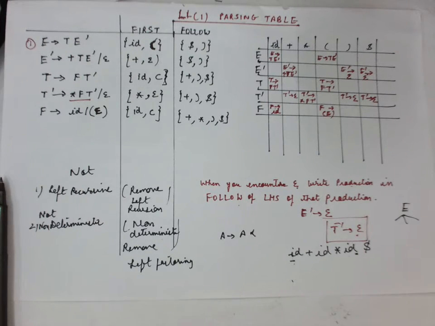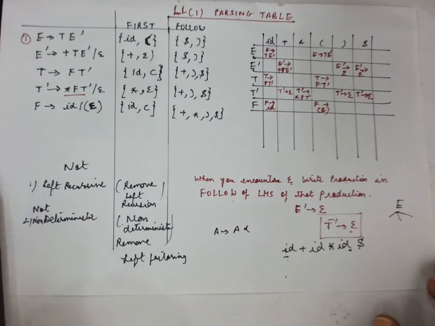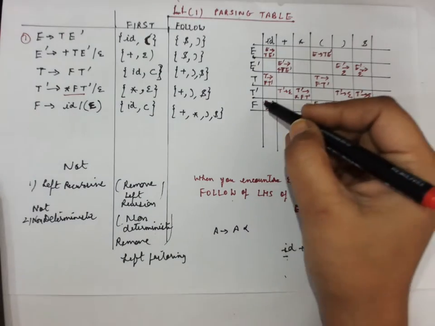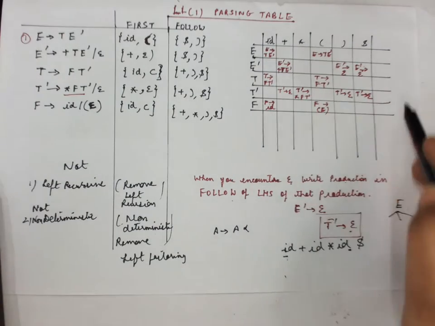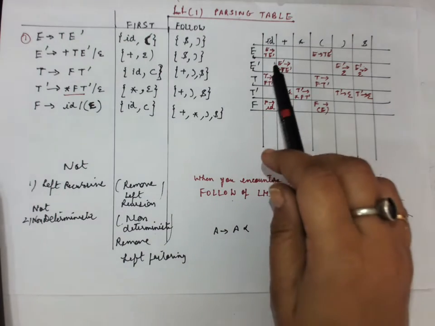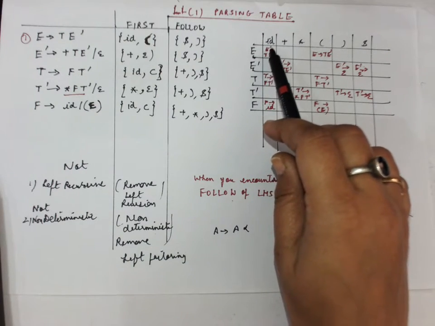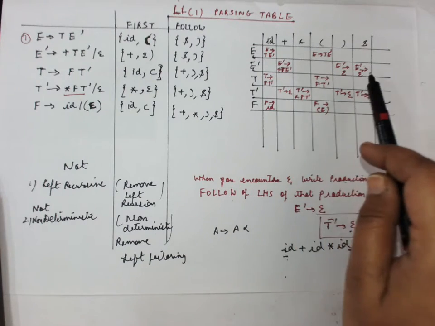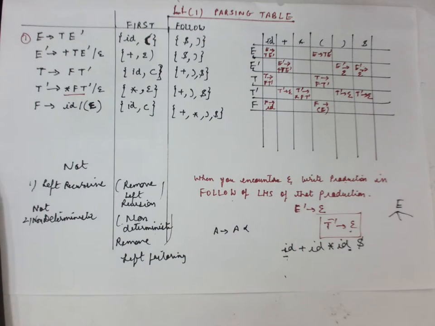Okay, so this is how your whole table is constructed. This is our LL1 parsing table. You can see under all the terminals and non-terminals we have the set of production rules applied.